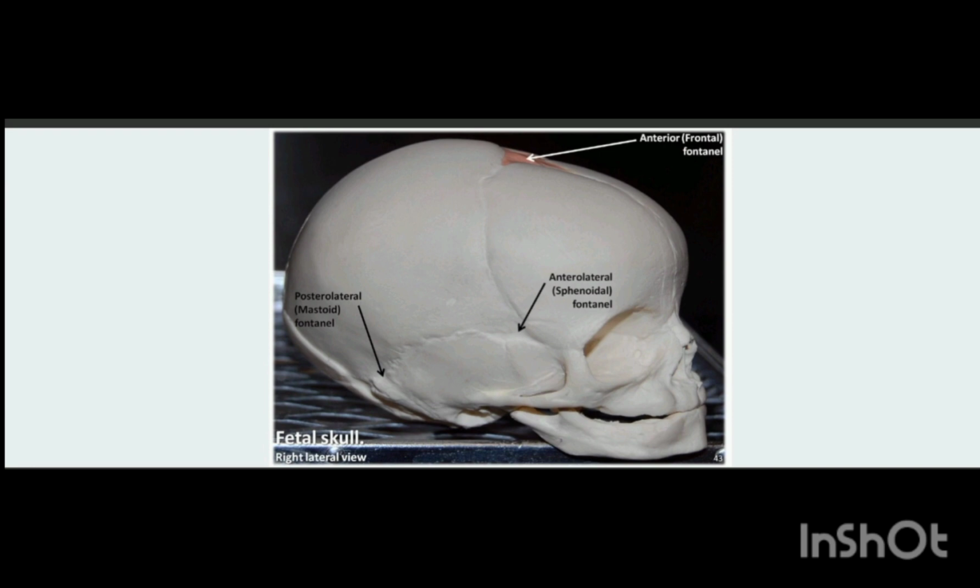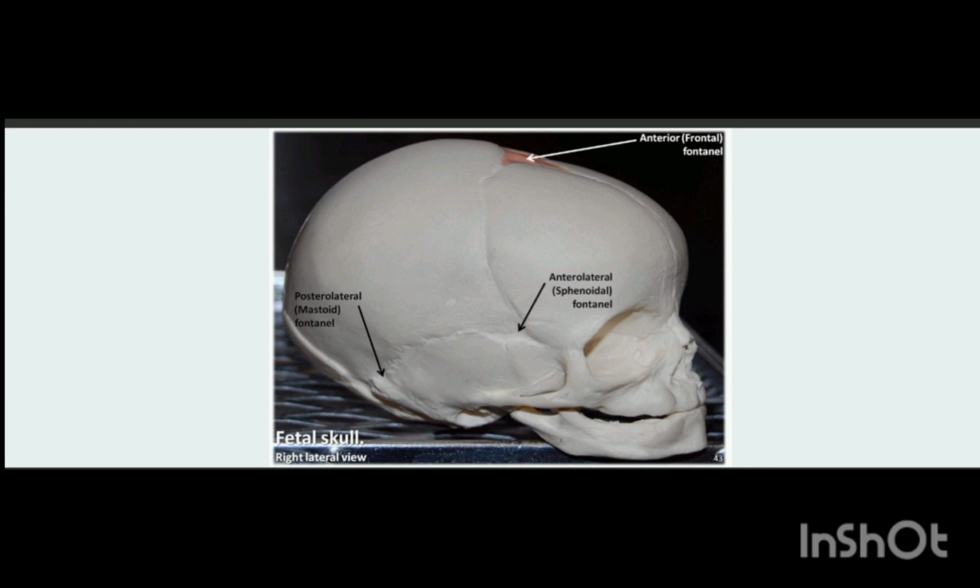And at the posterolateral back side of the skull is the posterolateral or mastoid fontanelle. These are less important, but the main fontanelles are the anterior and posterior fontanelles.